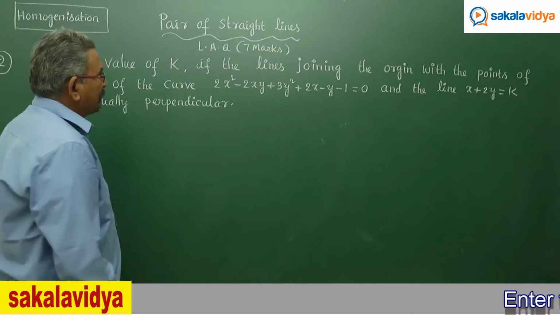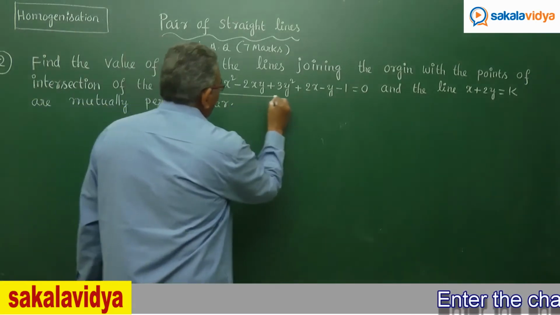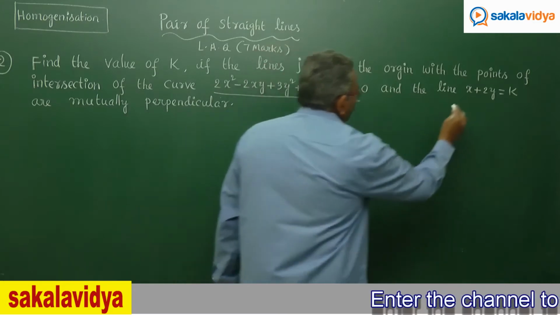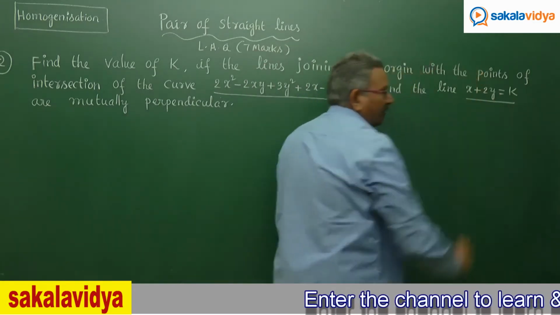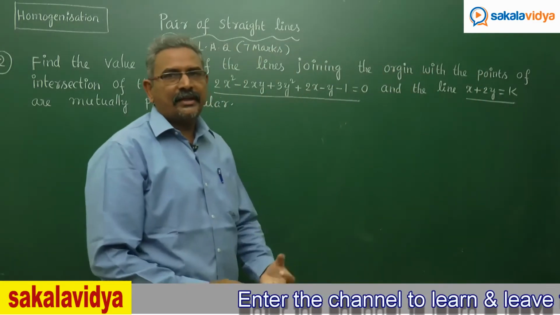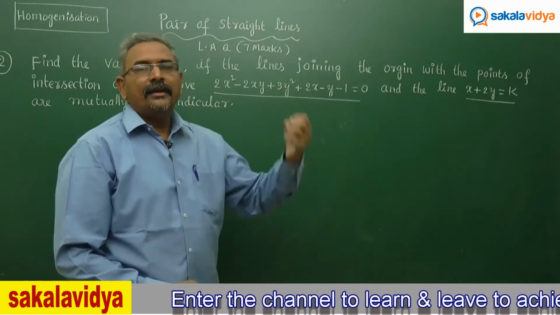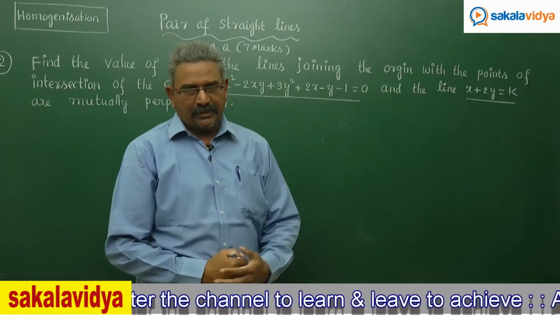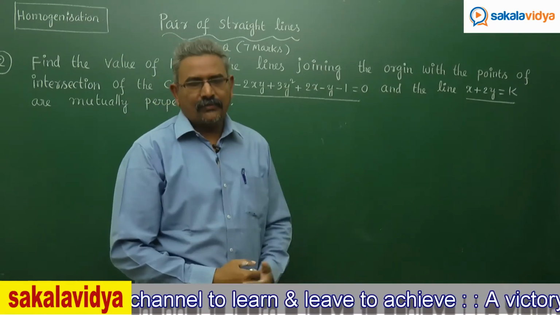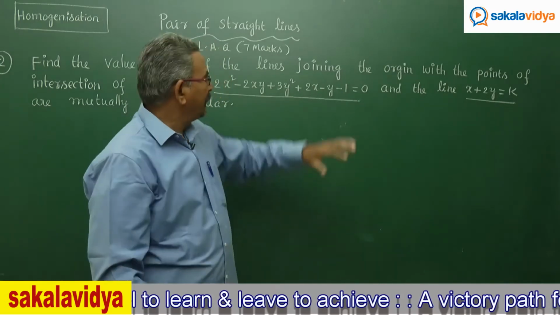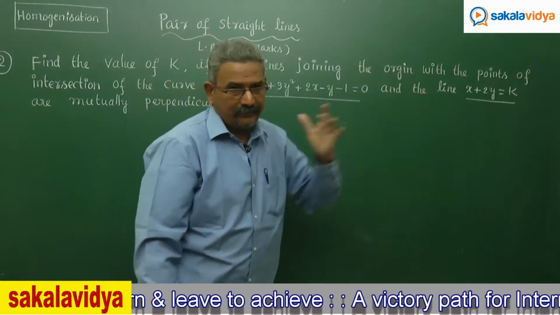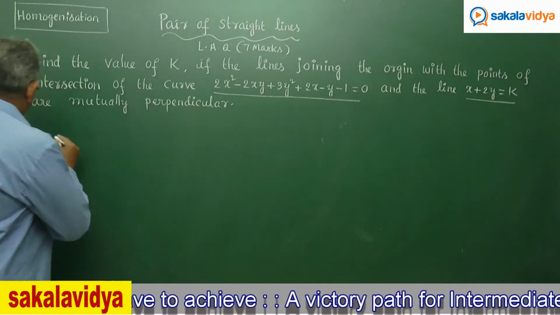So the equation of the curve has to be homogenized with the equation of the line, so as to get the combined equation of the two lines, that is a pair of straight lines. First, let us homogenize the curve with the line. Now, let us start the problem.